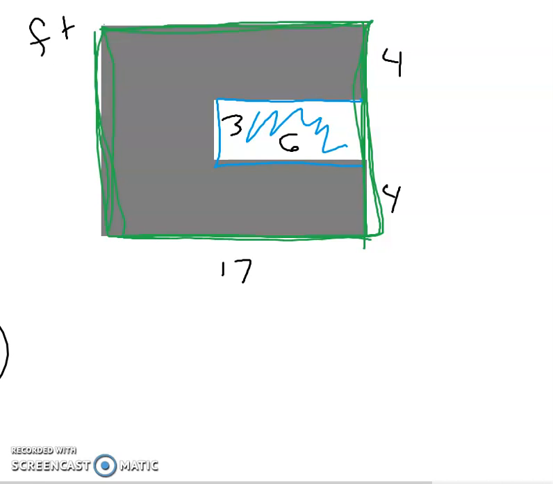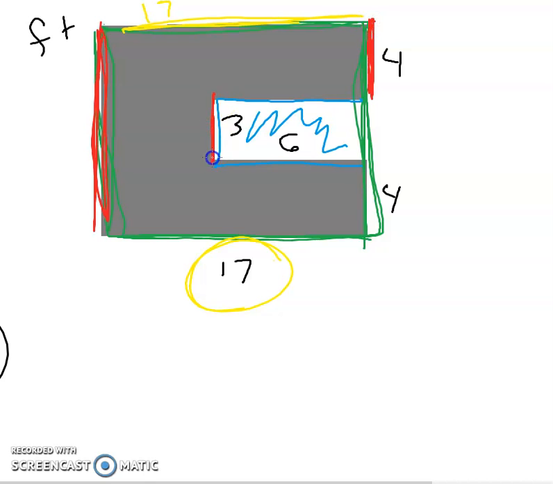of the missing sides. So the first one I am going to label is going to be that top side right there, which is going to be 17. Running out of room. Okay. Now this next side right there is going to be a combination of this one, and this one.